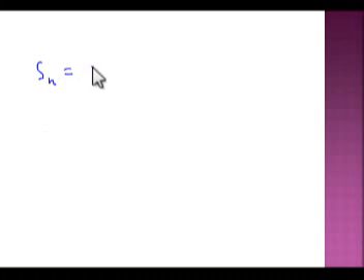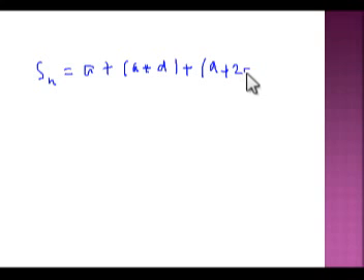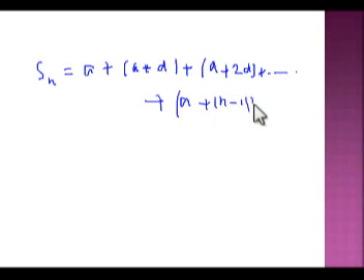The first term will be A, the second term will be A plus D, the third term will be A plus 2D, and the nth term will be A plus n minus 1 times D. So here we have n number of A, this will be nA, plus D terms related in this way.